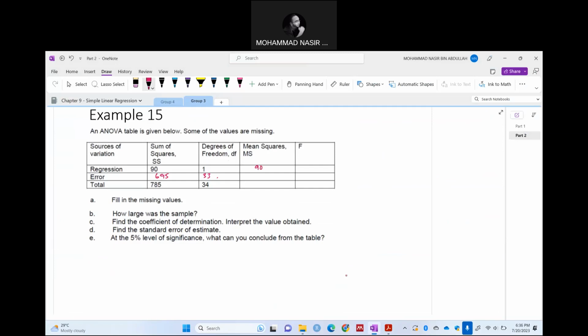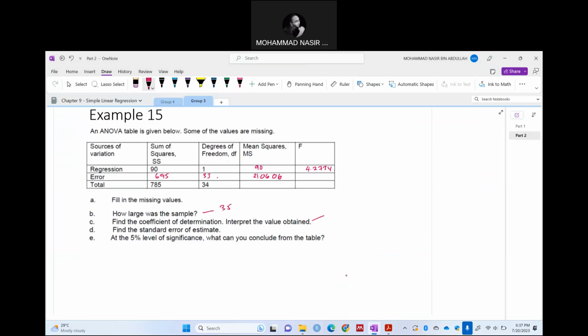Mean square error? 21.0606. And 4.2734. How large is the sample? It should be 35, right? You know how to find 35, right?